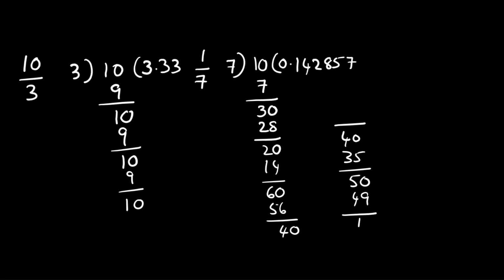We get 1 as the remainder, and this becomes 10. As you can see, we started with 10, and again we are at the same 10. So this is also another example of a rational number whose decimal expansion, or the division, never ends, and these digits 1, 4, 2, 8, 5, 7 keep on repeating again and again.